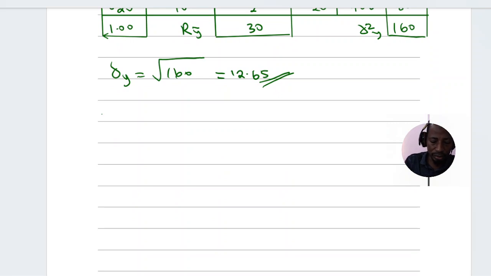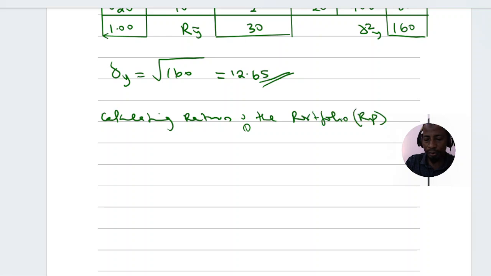So calculating return of the portfolio, RP. The return of the portfolio will be computed as proportion invested on security X multiplied by the expected return on security X plus proportion invested on security Y multiplied by expected return on security Y. So this will give us the return of the portfolio.